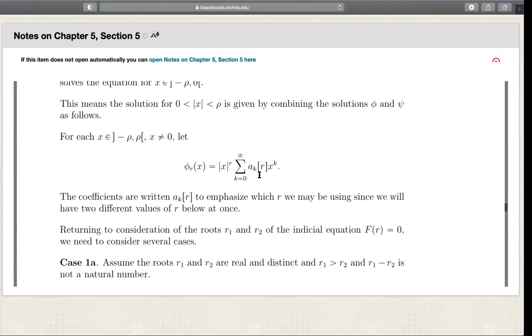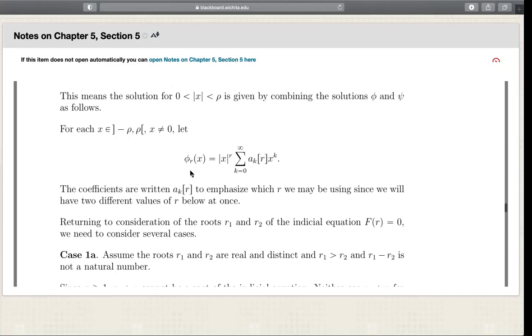And so this is what I wrote earlier. Phi sub r is really y sub 1, if you like, or y sub 2. Or if you want, you can call it phi sub a half and phi sub 1, like the 2 we have. So you can either name the answers y1 and y2, or you can name the answers using the roots. Here I use the root as the answer, phi sub 1/2, for example.